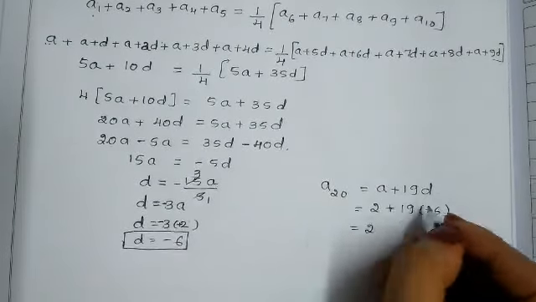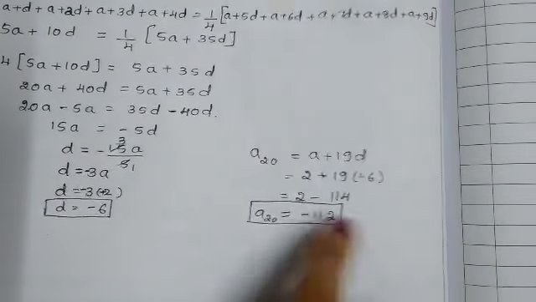So A20 is minus 112, which proves the solution. In the question A20 is equal to minus 112 and we proved A20 is equal to minus 112.